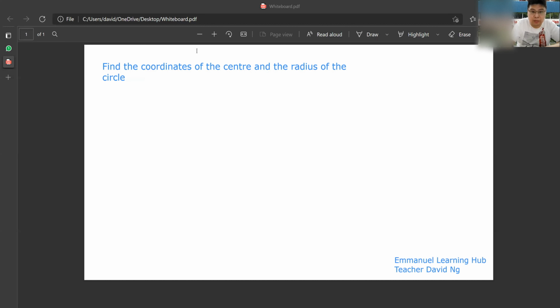Let's say the equation of the circle is 3x squared plus 3y squared minus 4x plus 5y is equal to minus 3. They ask you to find the coordinates of the center and the radius of this circle.